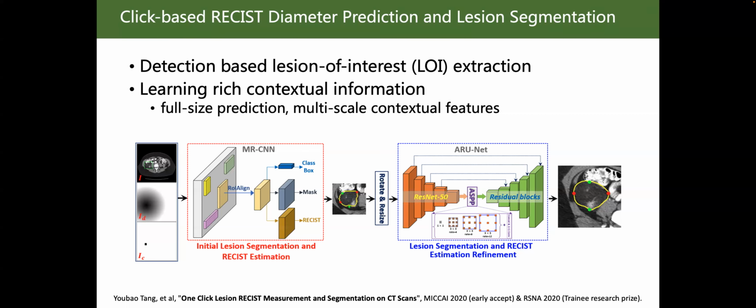The initial segmentation and the RECIST prediction obtained by the first component are not sufficiently accurate and fine-grained. So to improve this, we propose ARULET with a UNet-like architecture using ResNet in the encoder and the decoder and the SPP as a junction between them for lesion segmentation and the RECIST estimation refinement.